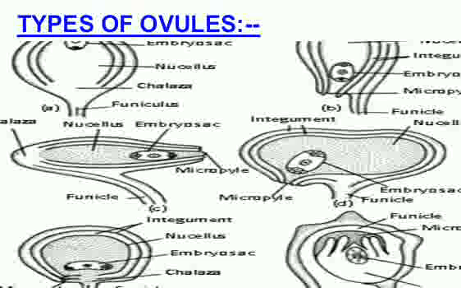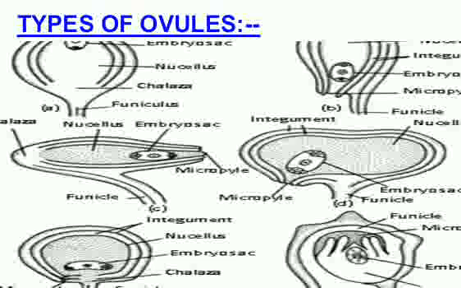Third one is the hemitropous, in which the micropylar end and the funicle are at right angle to each other. Then the fourth one is the campylotropous, wherein the ovule is arranged in such a way that after being at the right angle, it is a little curved.